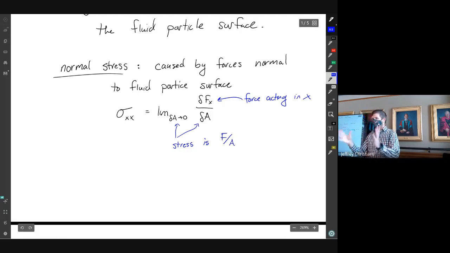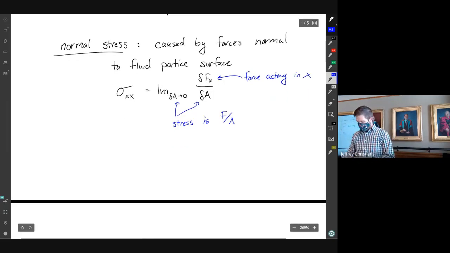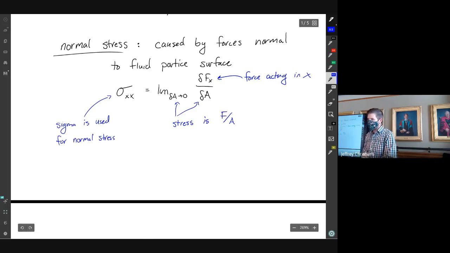So a force acting over an area is a stress. That's why we have this limit notation and divided by dA. Don't worry too much about that. Stress is force over an area. So here, sigma is used for normal stress. That's going to be the variable that we use for normal stress.